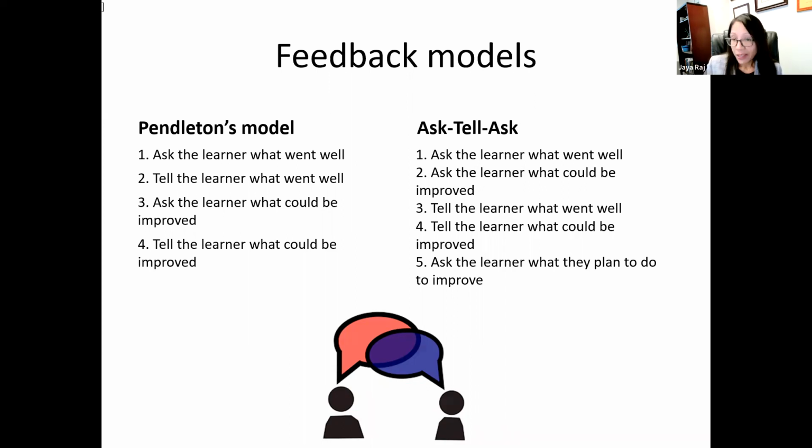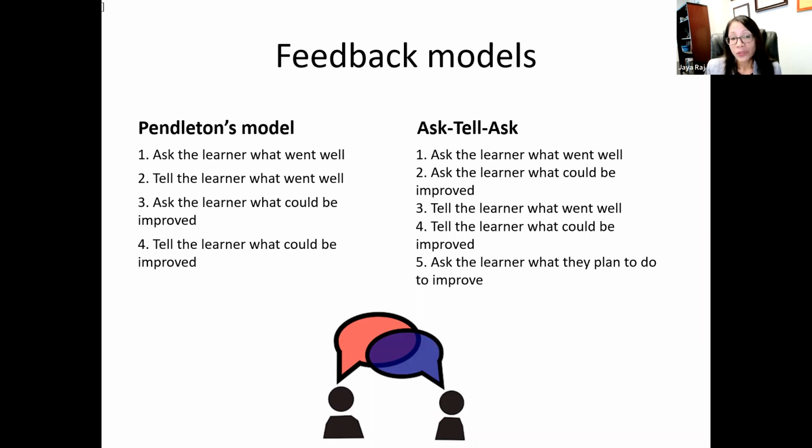And then you tell the learner what you think they did well. You then ask the learner what they think they need to improve upon. And after they've told you what they think, then you tell them what you think they need to improve. So it's really a conversation.